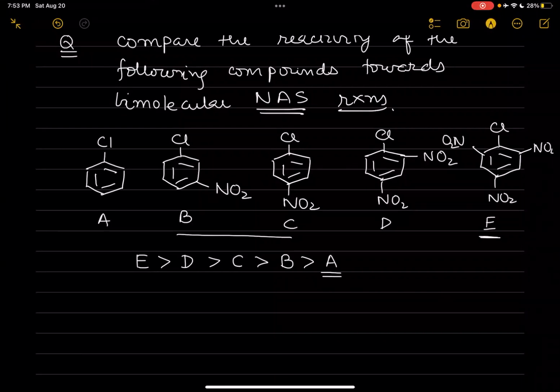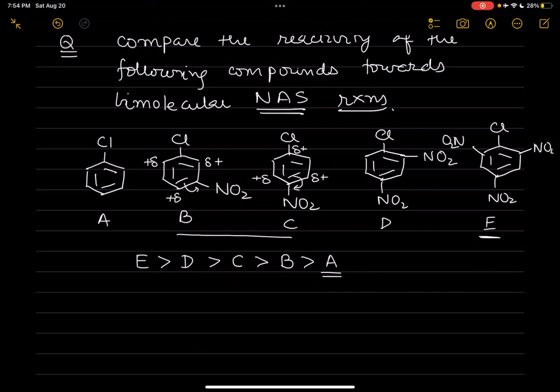Because NO2 is in the meta position in B. So NO2 will pull the pi electrons of the benzene, and this is known as the minus resonance effect, or minus M effect, and that will bring a partial positive charge at the ortho and para positions with respect to NO2.